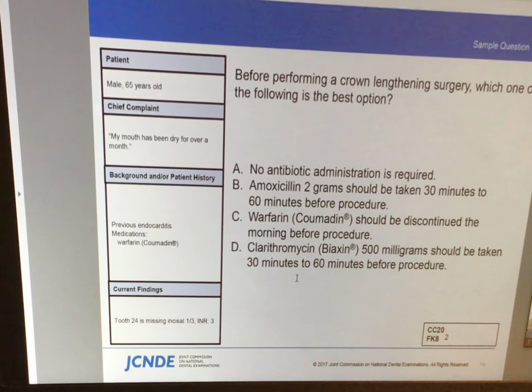I understand when you don't use something very frequently, you're not going to remember. So I won't do that type of option. So now you know definitely the correct answer is B, amoxicillin 2 grams, 30 minutes to 60 minutes before the procedure.